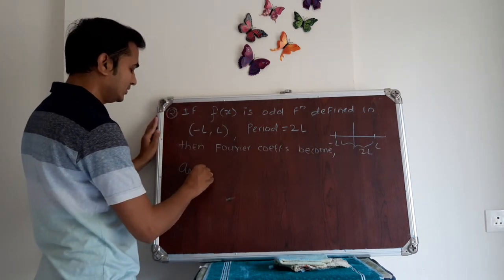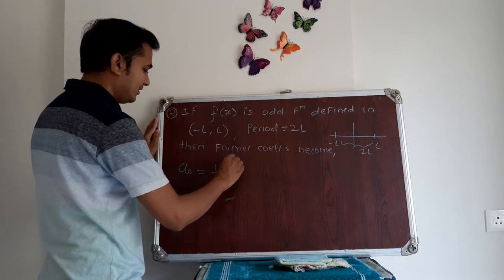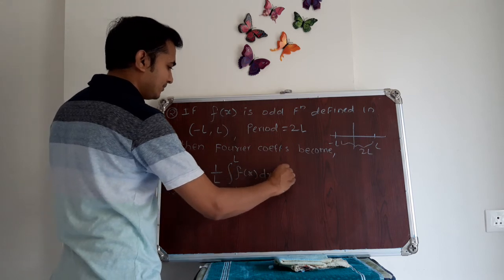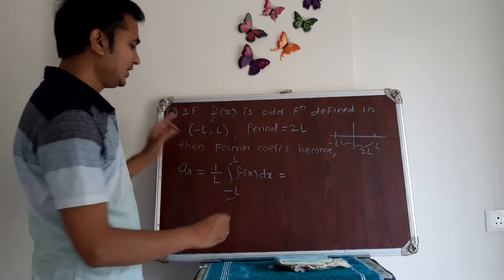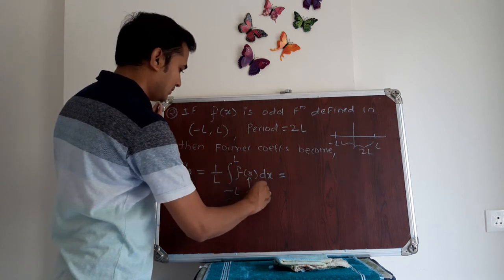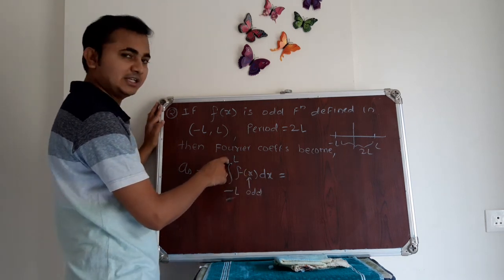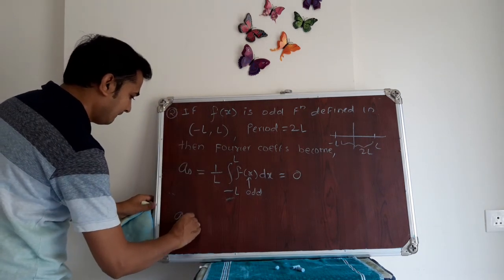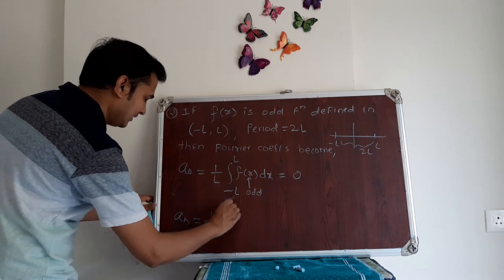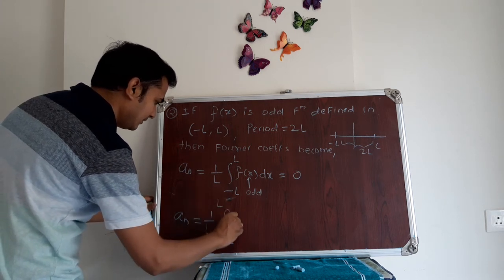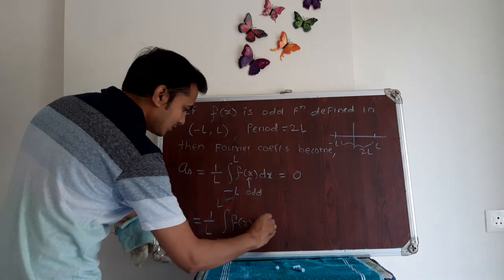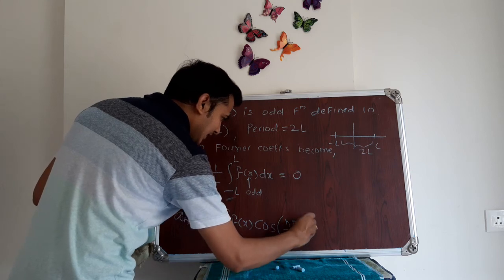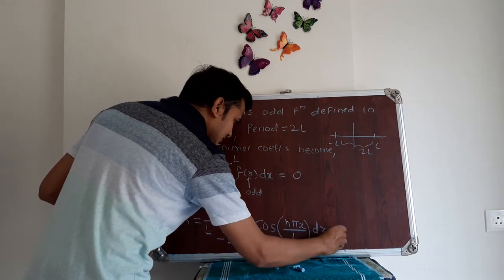a naught is equal to 1 by L minus L to L f of x dx. So this is odd, and for an odd function, minus L to L integration becomes 0. Then an is 1 by L integral minus L to L f of x cos n pi x upon L dx.